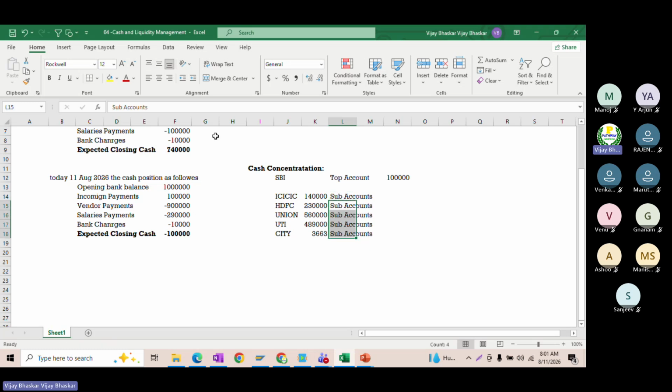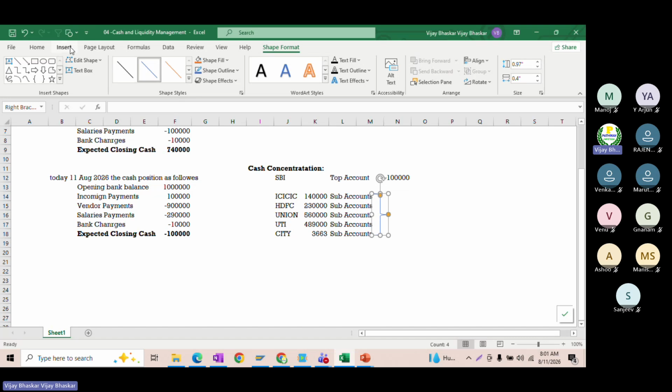At the end of the day, the balance lying in all these bank accounts has to be transferred into this SBI account, the top account, which has the opening balance.